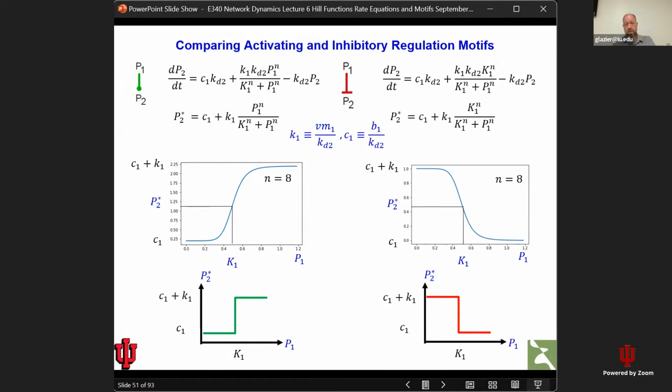And its half maximum value is always when the concentration of P1 is equal to K. Sometimes it's useful to think of these as switches, where for the activator, if P1 is less than K1, we don't produce any product. And if P1 is bigger than K1, we produce product. For the inhibitor, if P1 is less than K1, we produce product. If P1 is greater than K1, we don't.